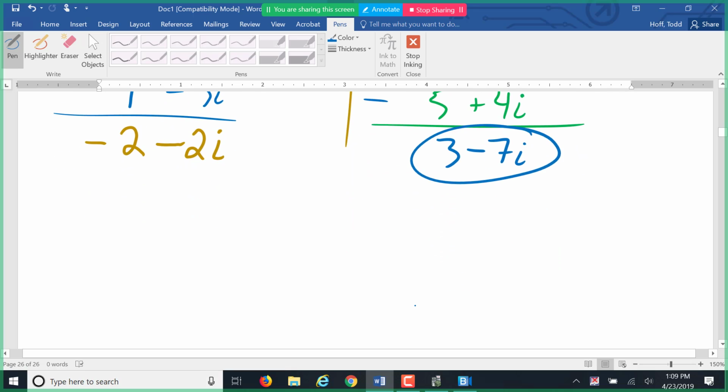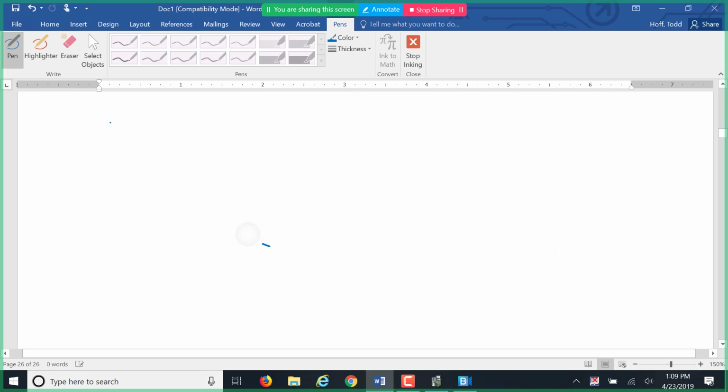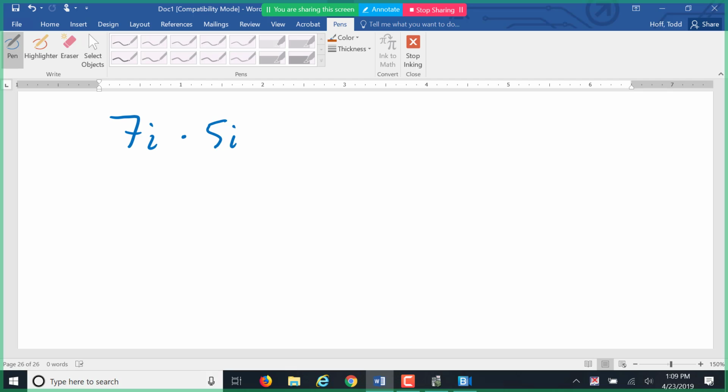When we multiply, let's start out with just having imaginary portions. Just like with polynomials, radicals, anything else, we multiply the numbers, the real part first.